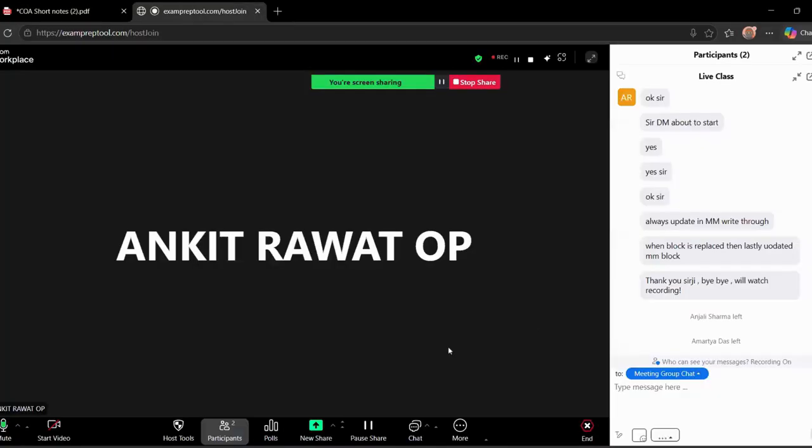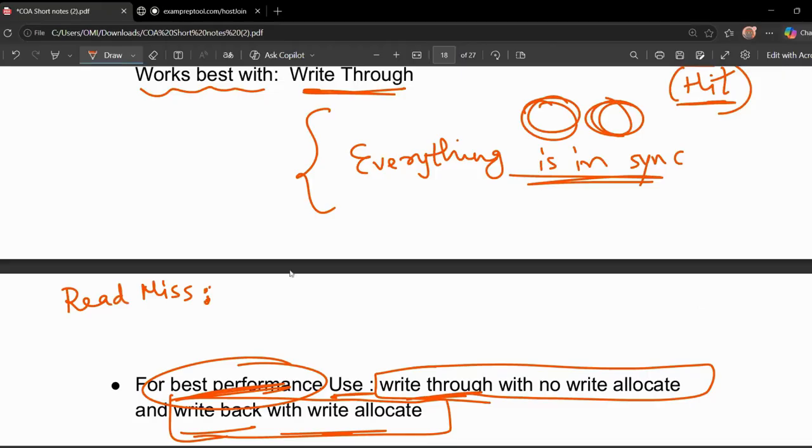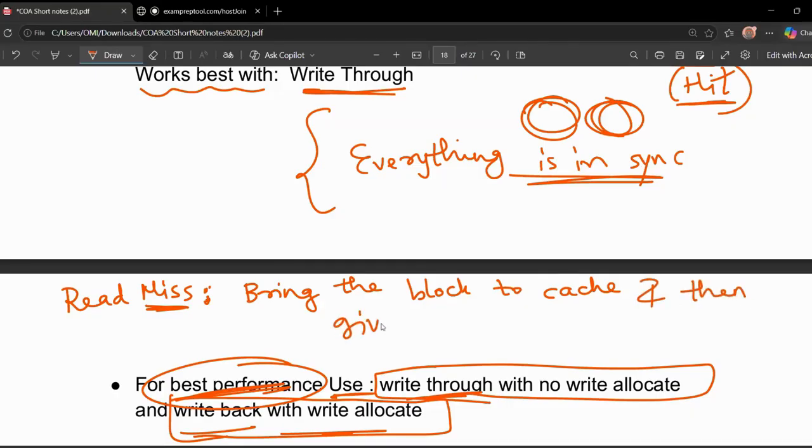In the write case we divided it into different types, but in case of a read miss, you first bring the block to cache because it is a miss, and then the CPU will access again.